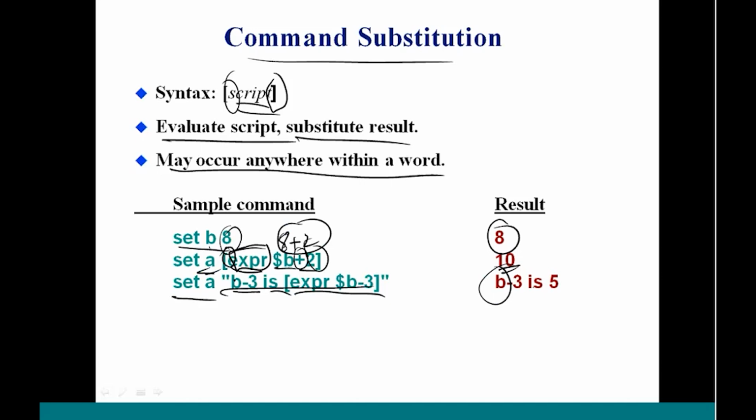It puts B minus 3 as a string, and the spaces as a string, and then when it comes to the square brackets, it substitutes the command. So $B is 8, 8 minus 3 is 5, and we get "B minus 3 is 5" as the string that is stored in A.